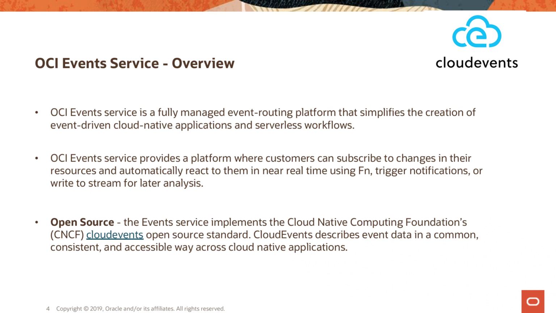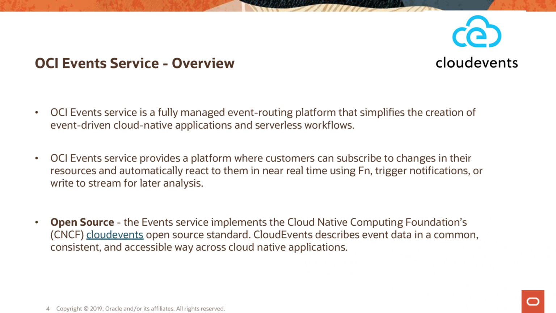When you are using OCI, the resources within OCI change their states, and what the OCI event service enables you to do is to capture these state changes as events, and based on the rules and actions you specify, you are able to then act on these state changes or these events, and essentially you can create automation based on it, so you don't have to manually intervene on things.